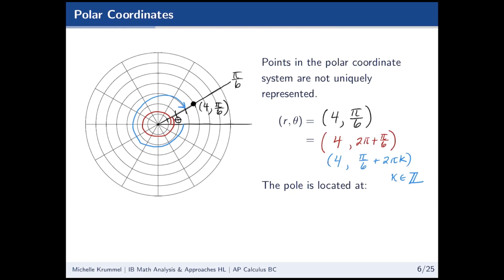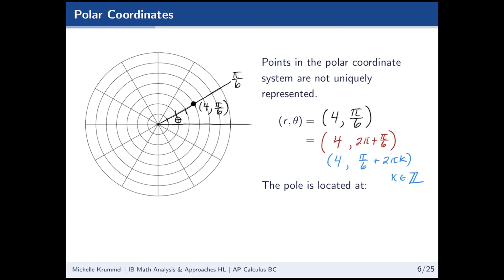But there's another way. We can do this also by adjusting the value of r. Now we still need to move out 4 units. But in all of the points that I've shown you here, I was moving in a positive r direction, meaning from the vertex of my angle, I was traveling along the terminal side of the angle.